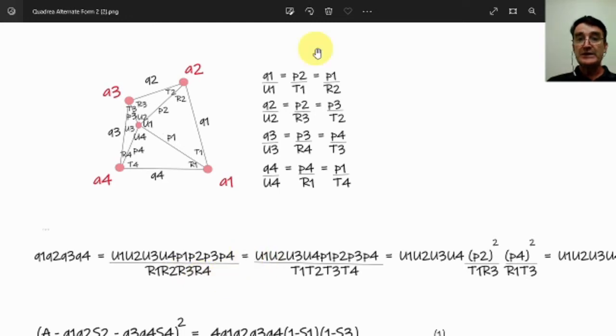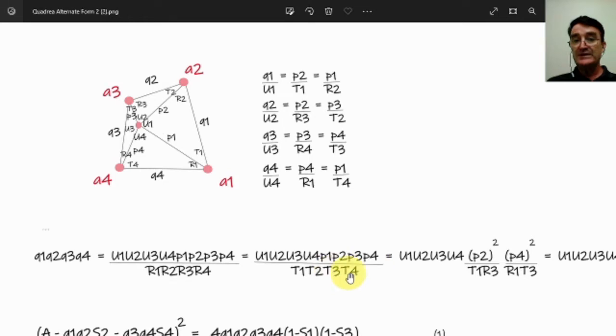Using a different combination with the T's in the denominator, we get the same numerator divided by T1 times T2 times T3 times T4.